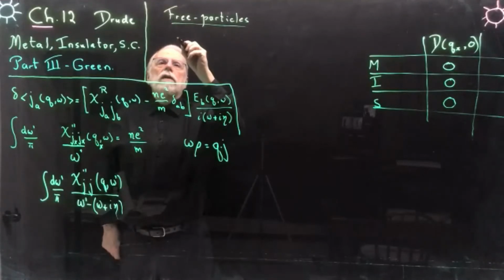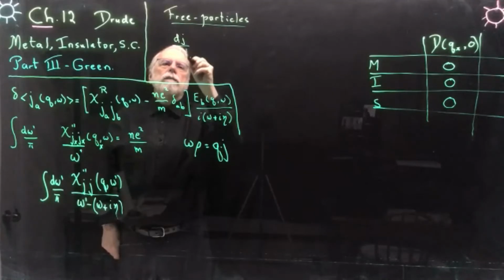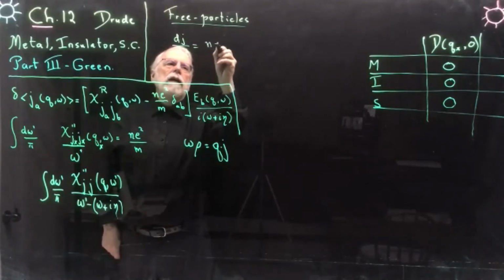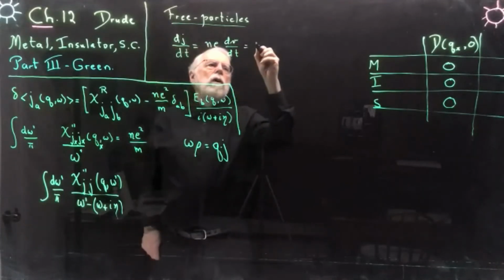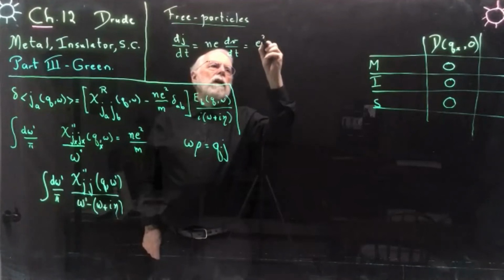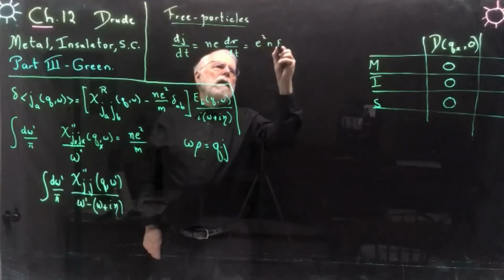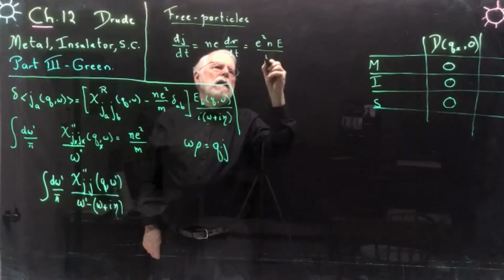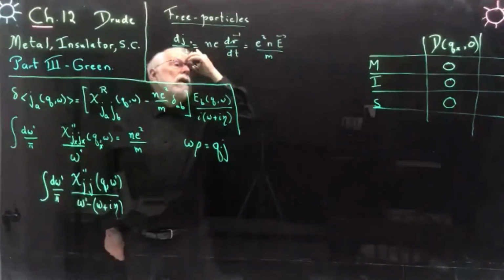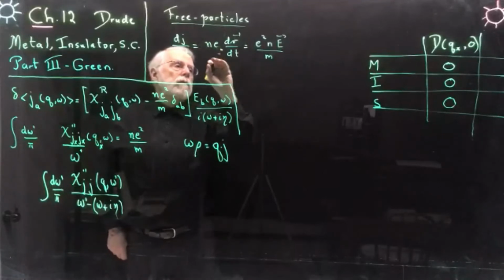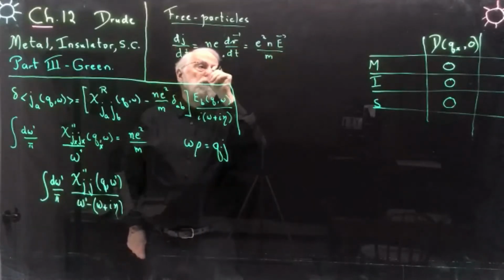So if I look at dj dt, it's equal to ne dv dt, which is equal to e square ne over m. I just use Newton's equation.